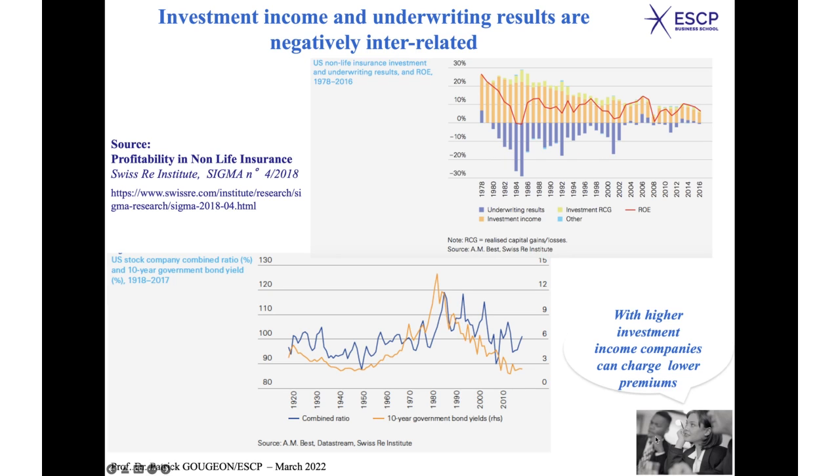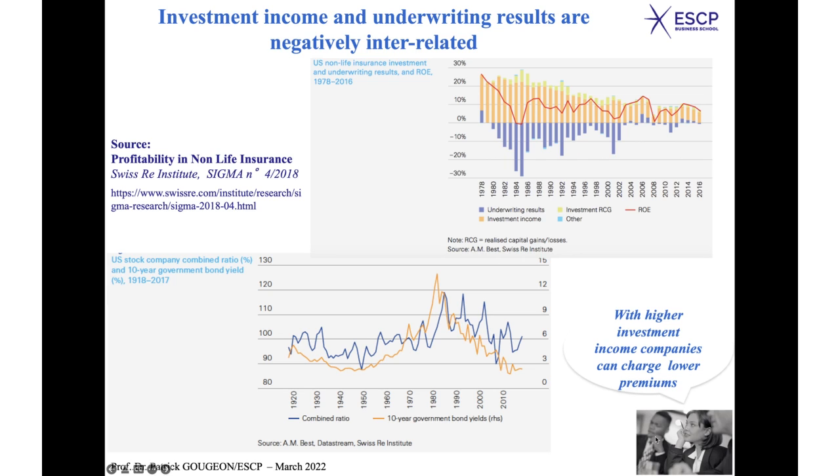Why does it happen? Because after all, insurers have no obligation to do so. The answer is clear: competition. Because it's a highly competitive market in the US. If US insurance companies are increasing their financial income, they have a capacity to be more aggressive on the market and to lower their premiums, to attract more customers, to be more competitive, and by doing so, they deteriorate their underwriting result.